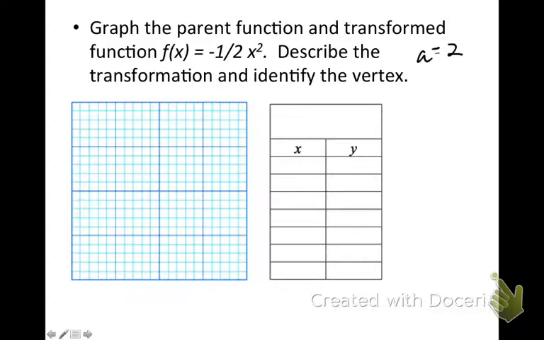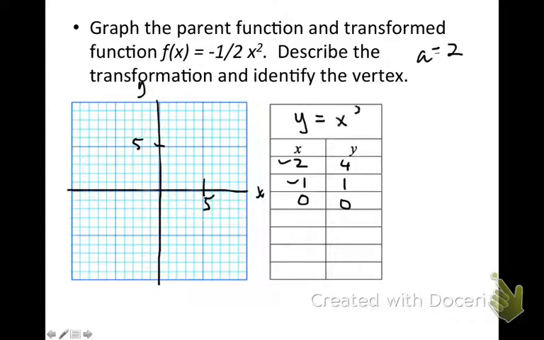So graphing the parent function, first of all, let's draw an xy axis, label our scale. And then values for our parent function, the center is at 0, 0, or the vertex, negative 1, 1, negative 2, 4. Because it's just the equation y equals x squared, 1, 1, and 2, 4.